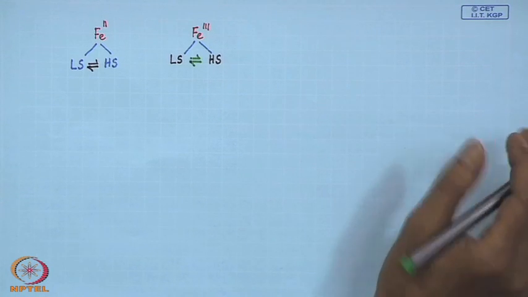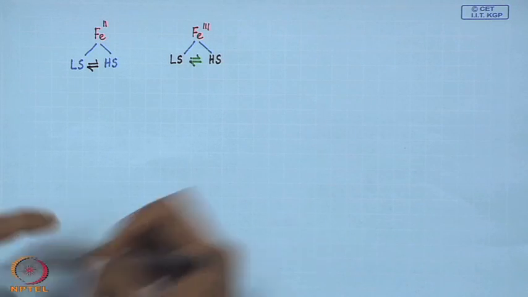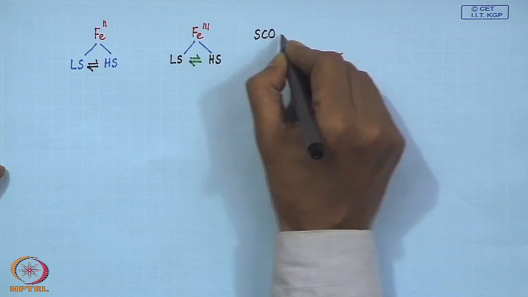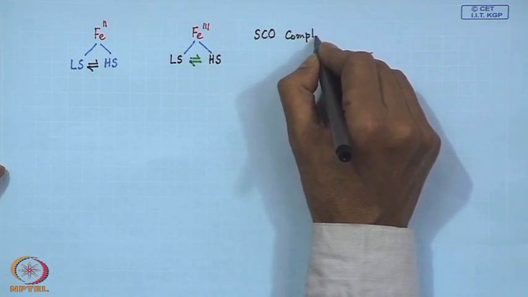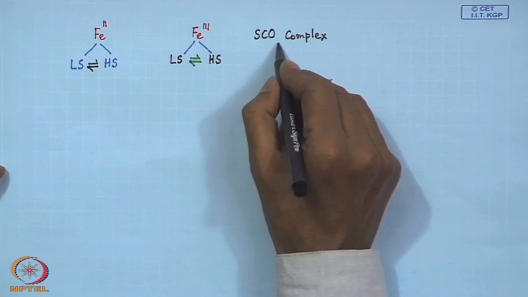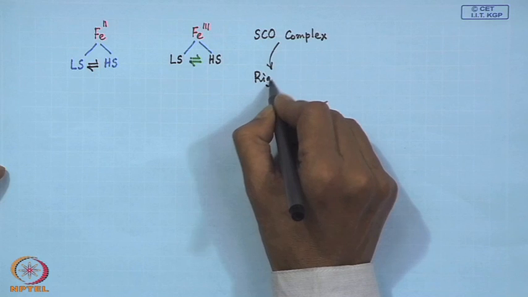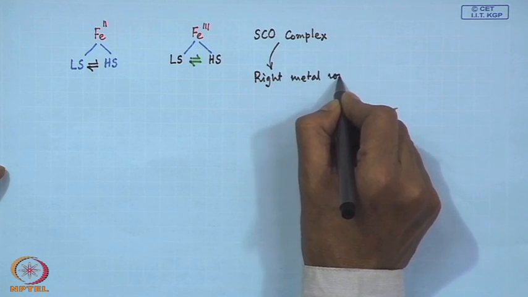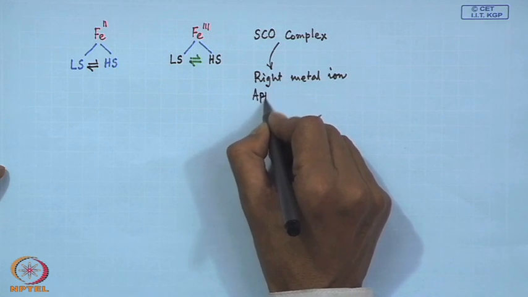So, the basic proposition we were dealing with in the original assumptions for these spin crossover complexes is that one particular spin crossover complex we can have, provided we choose the right metal ion and the appropriate set of ligands.